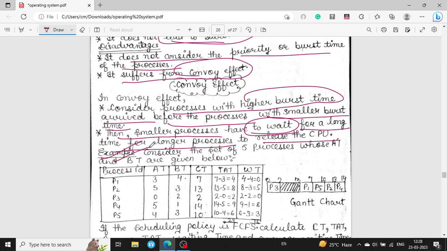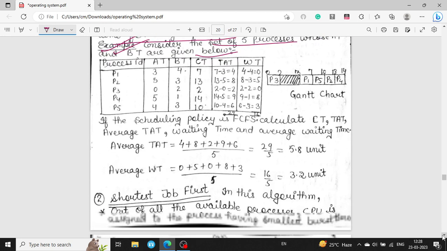For example, consider a set of 5 processes whose arrival time and burst time are given here. In this question, we first have to make a Gantt chart. In a Gantt chart, we write when processes arrived and when they completed their task according to burst time.